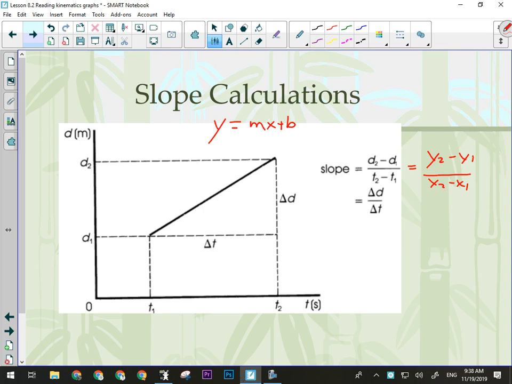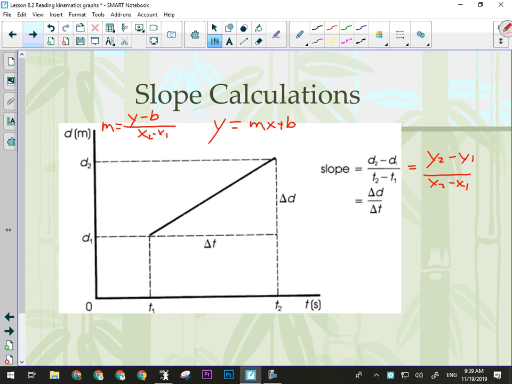But where they get this rise over run value from is when they manipulate this equation for m. Because when that's manipulated for m, it's y minus b, which is y2 minus y1 over x. Well, remember that we don't put x2 minus x1 here because x1 is, at b, 0.